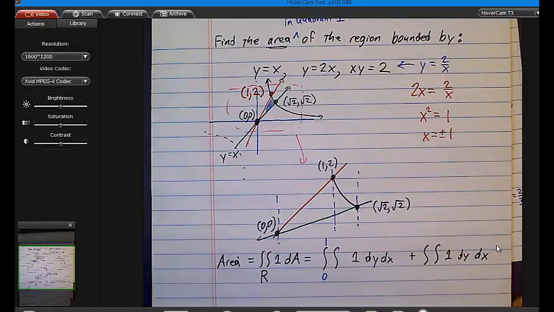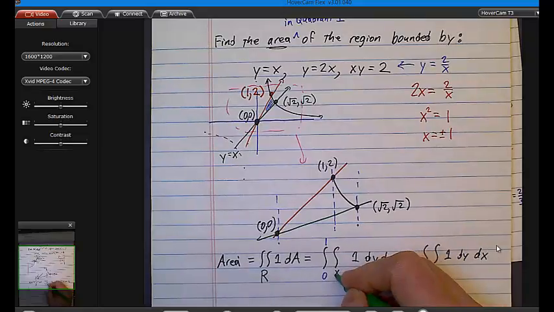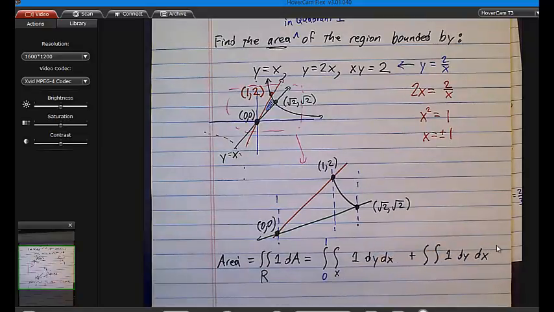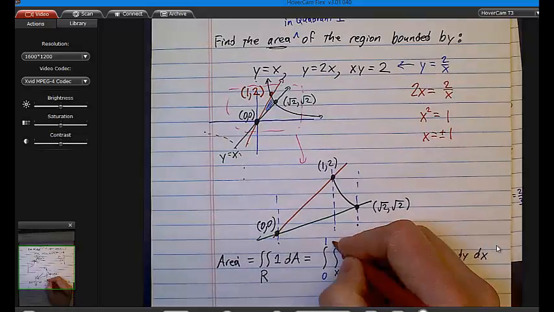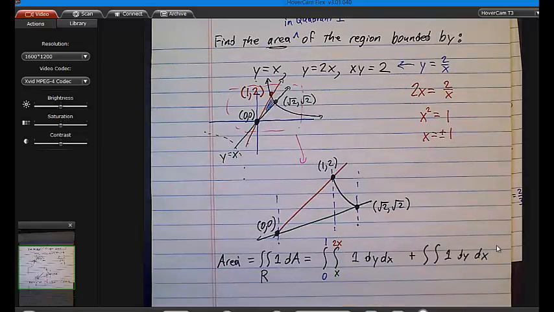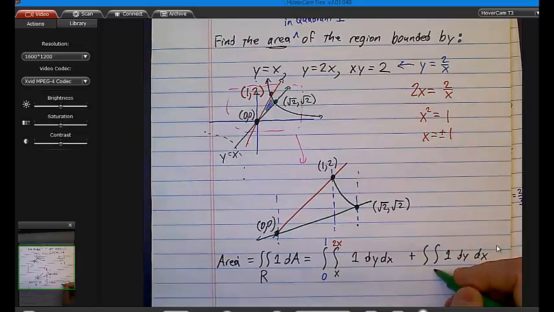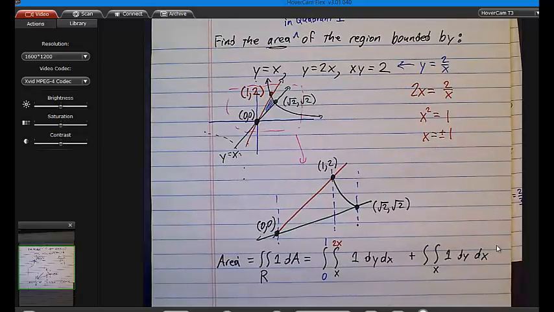So from 0 to 1, what would I put here for the inner region? Well, y equals x, and then the upper one would be y equals 2x. But then when I come over here, I'm not going to go from x to 2x. I'm going to go from x to what?